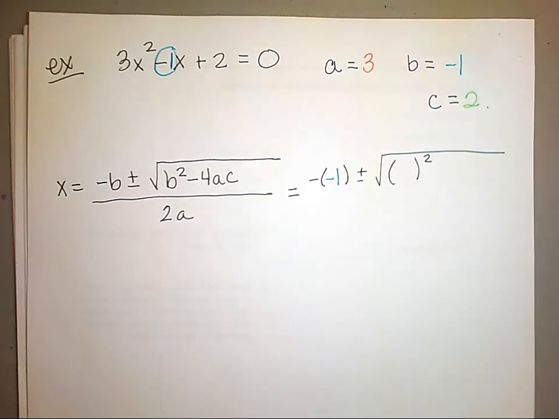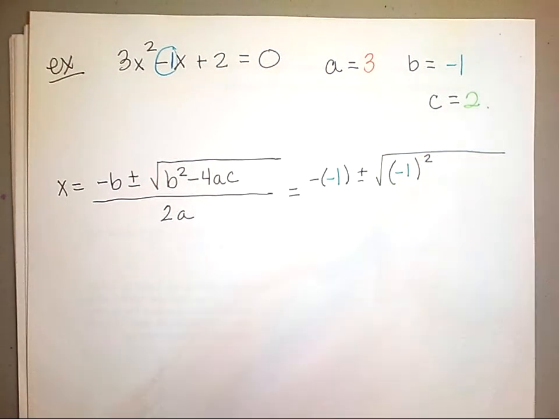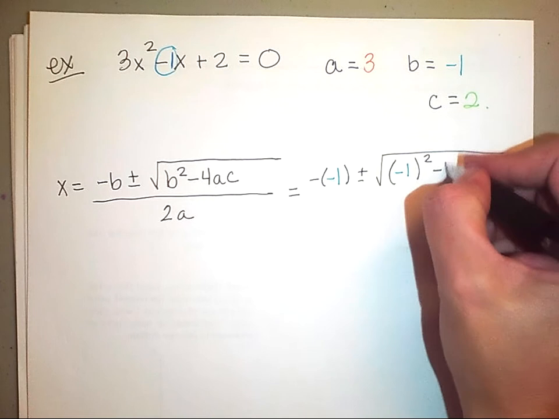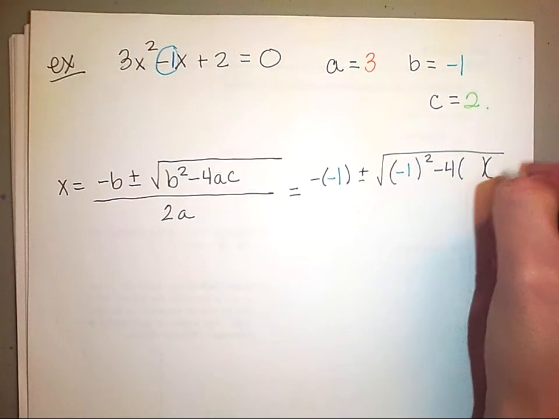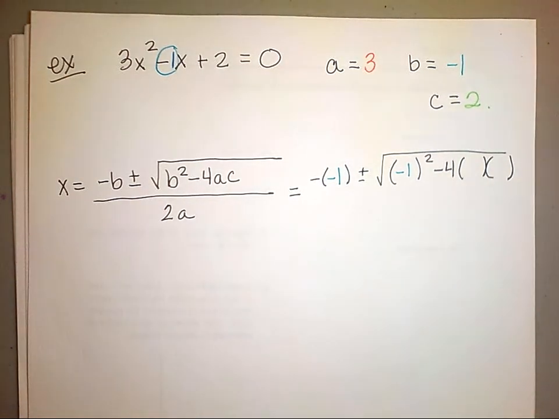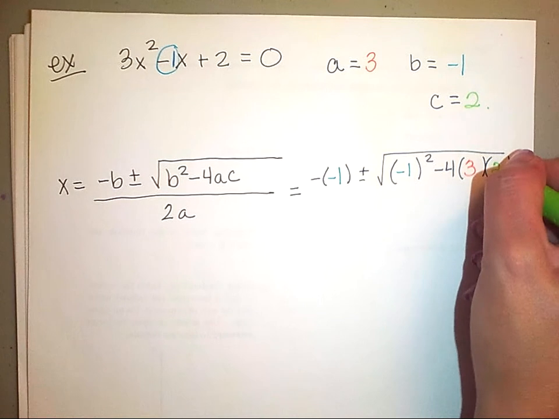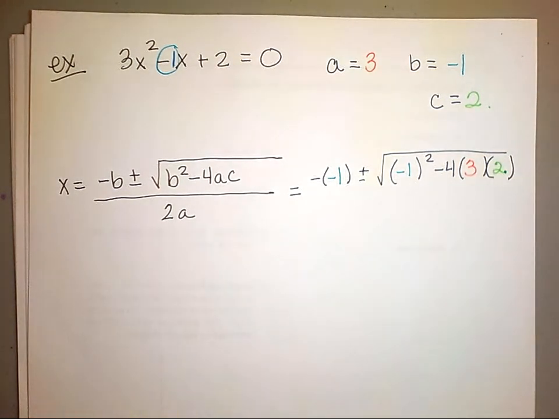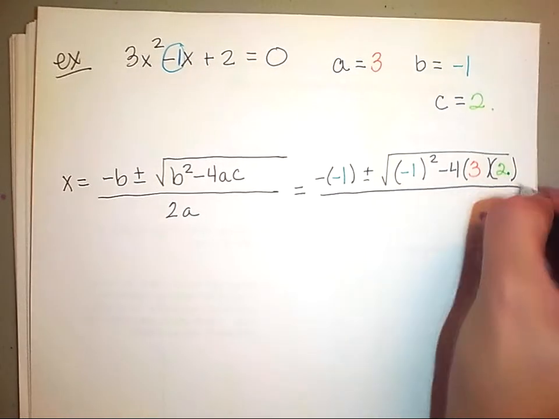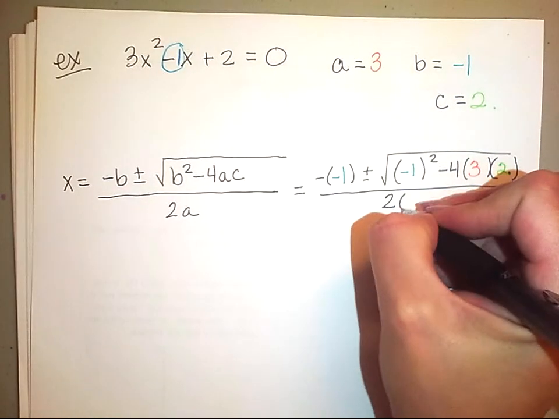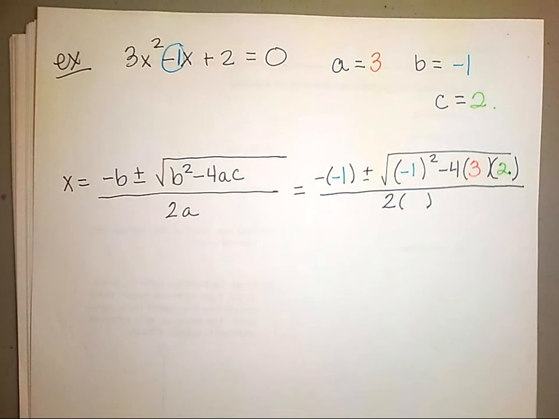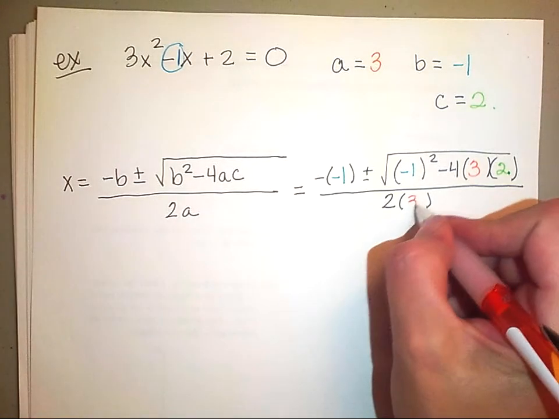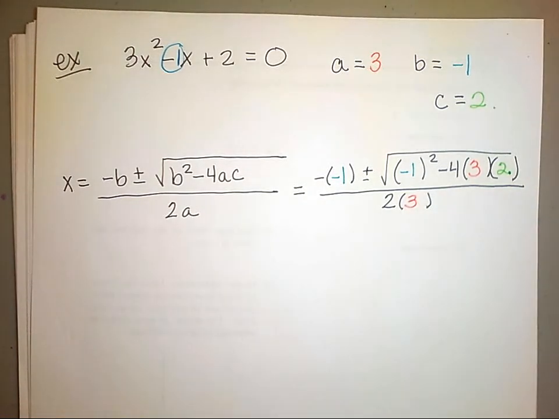We're going to take b and square it. Remember, b is negative 1. Then minus 4 times a and times c. a is 3 and c is 2. And then we divide that whole thing by 2 times a, which is 3.